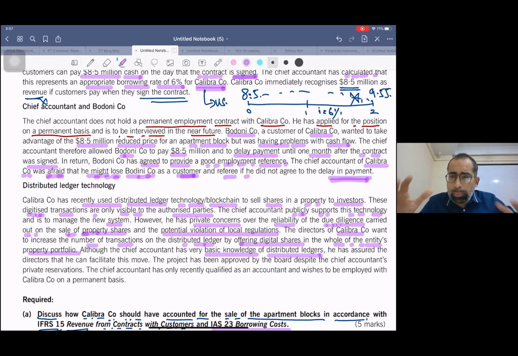In ICAEW past papers, normally, listen, they create some ethical issues, like there is an audit firm, and in that audit firm they have hired a junior accountant for such a very technical job, like financial instruments, deferred tax, IAS 12 income tax. Even you students don't know these standards properly.